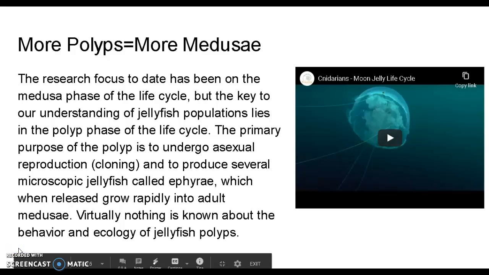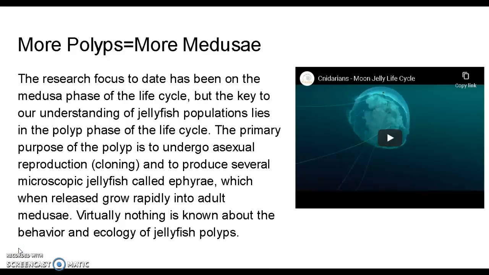The research focus to date has been on the medusa phase of the life cycle, but the key to our understanding of jellyfish population lies in the polyp phase of the life cycle. The primary purpose of the polyp is to undergo asexual reproduction, or cloning, and to produce several microscopic jellyfish called ephyrae, which when released grow rapidly into adult medusa. A single jellyfish polyp can make many ephyrae.